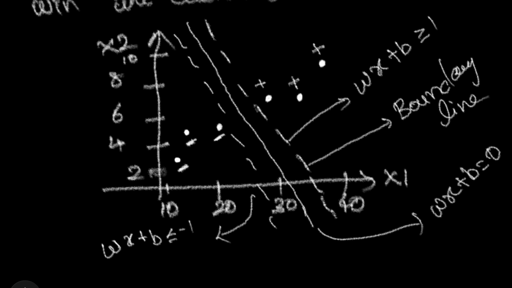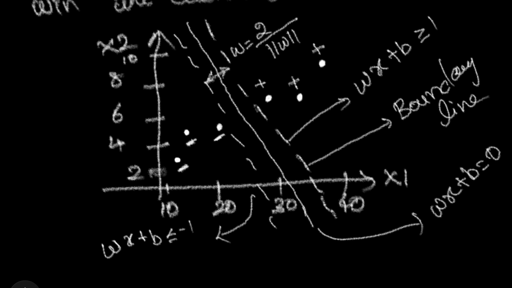Or you can take it as equals plus 1 and equals minus 1. It is also correct. Now the margin width is 2 divided by the magnitude of the vector W. This is how I can plot the given points, and I have divided it.